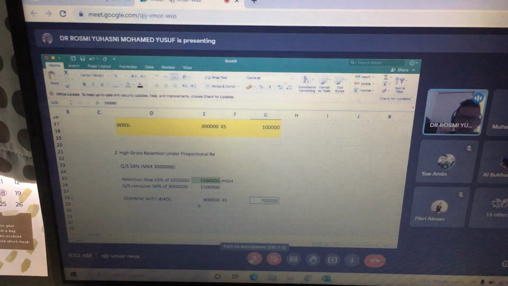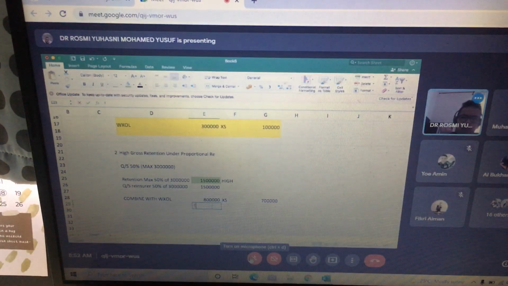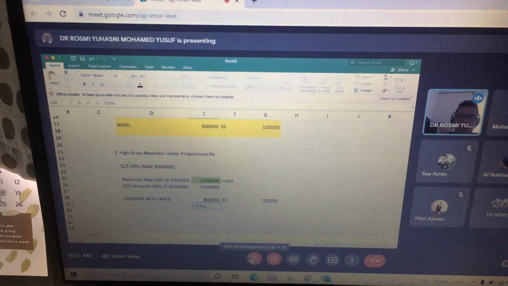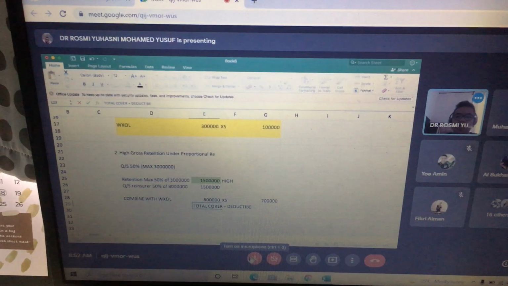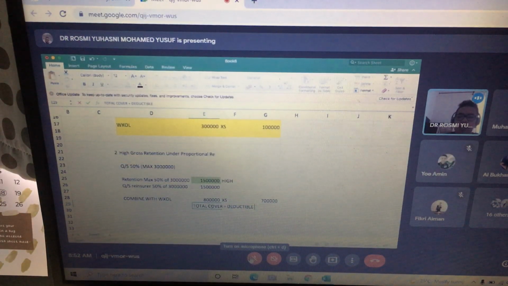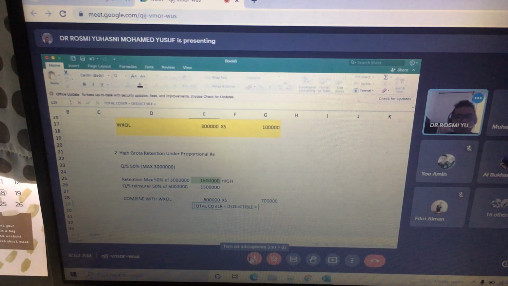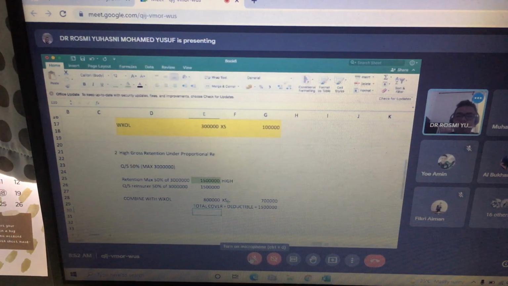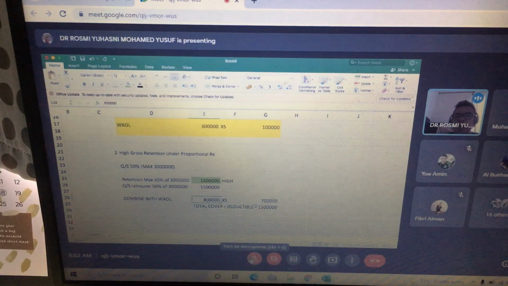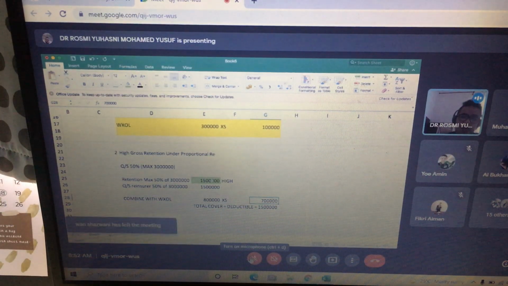Which, if you look at the total here, total of cover plus deductible is actually equal to 1.5 million. Total cover and deductible is 1.5 million. This 1.5 million is actually equal to the insurer gross retention under the proportional.